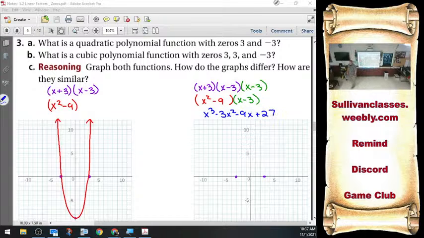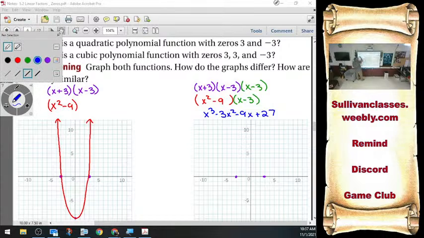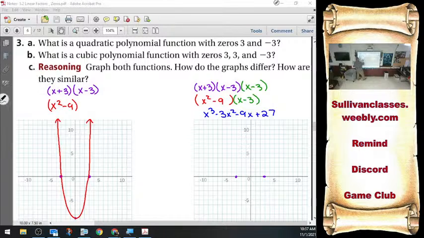Okay. Changes it quite a bit. I've got a y-intercept of 27. I've got zeros at 3 and -3. But what might help me to graph this is if I write it like this, it reminds me what my behavior is going to be at each of them.